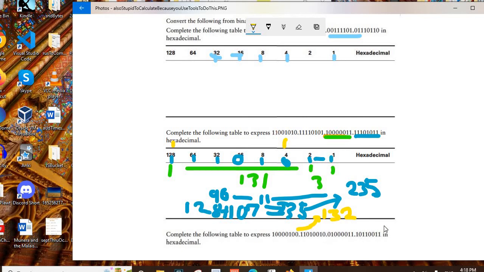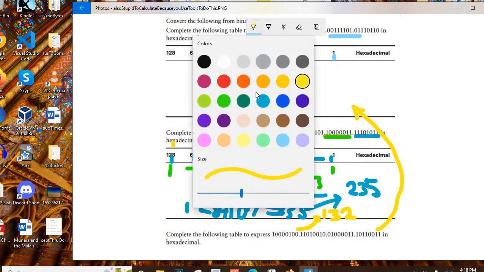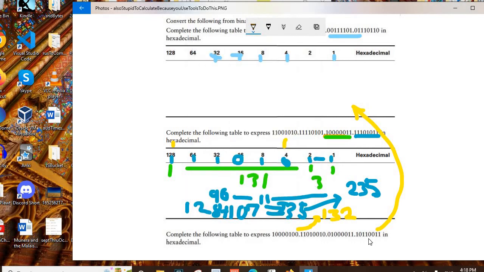Okay, so let's take one final one that's pretty confusing. Let's go with another color. I do apologize if someone's colorblind and watching this, because that would be a little difficult. 0, 1, 1, 0, 0, 1, 1. So that is 3 over here.